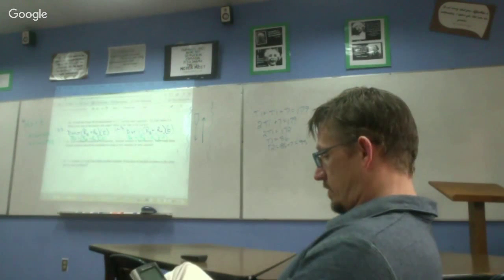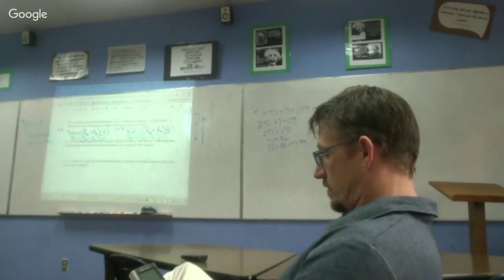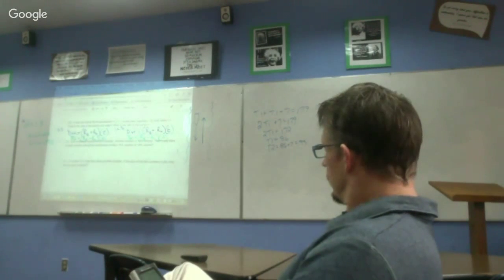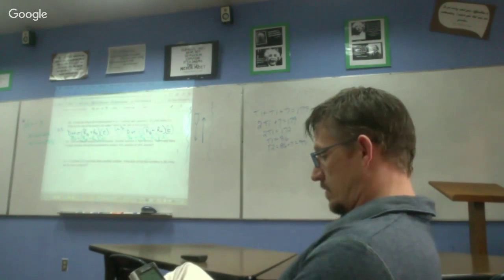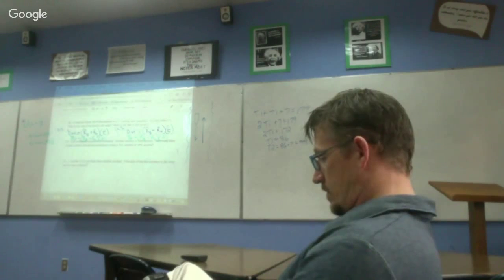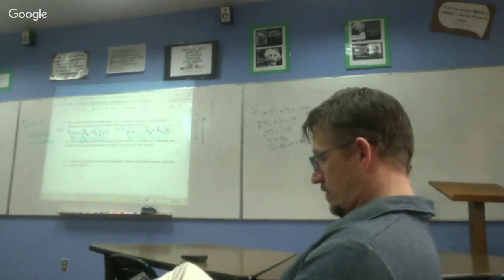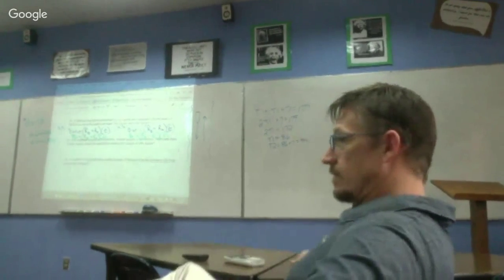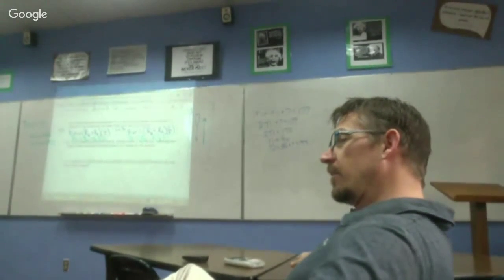So what is it? Use substitution. So what is the rate of the boat? 36 equals 6 times 2. So the rate of the current is 3.